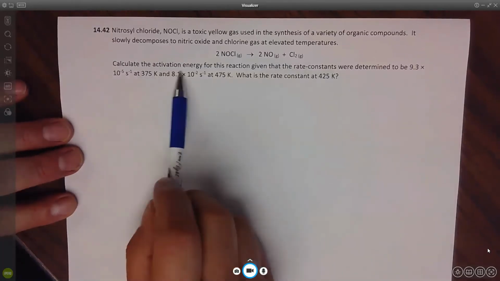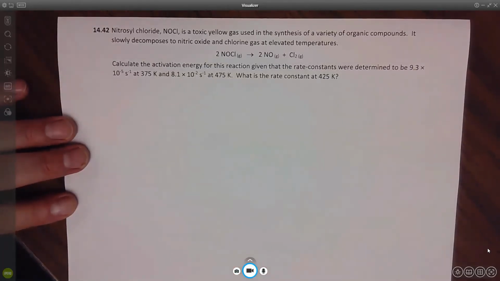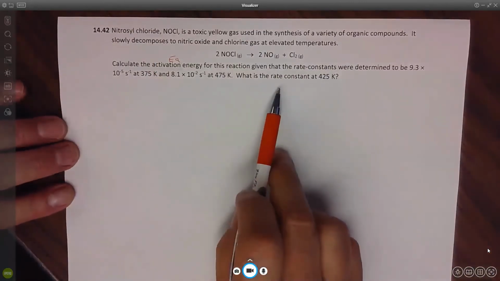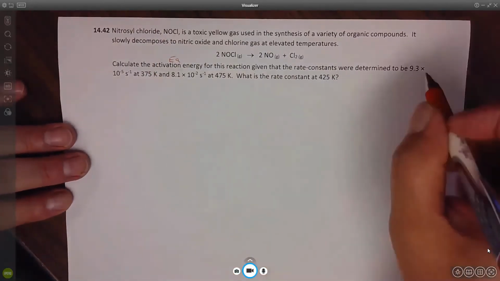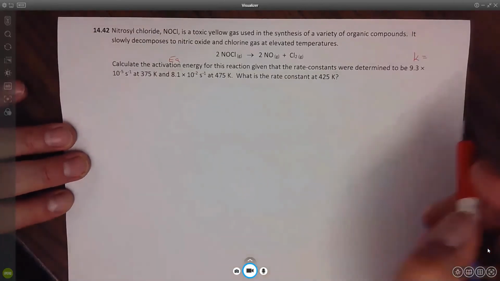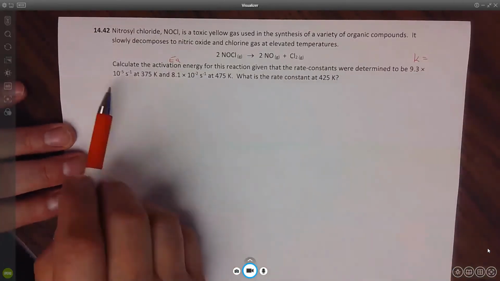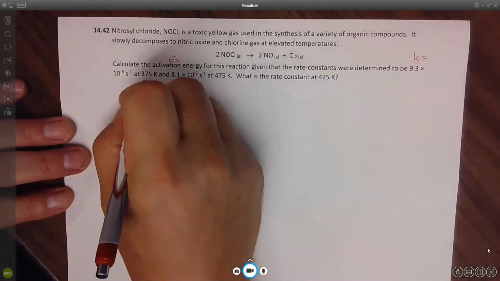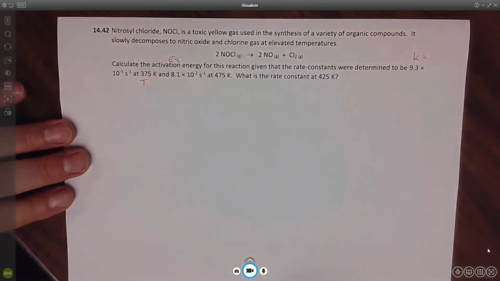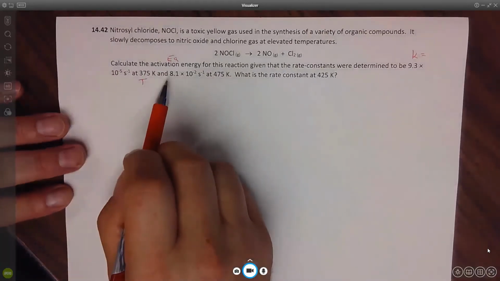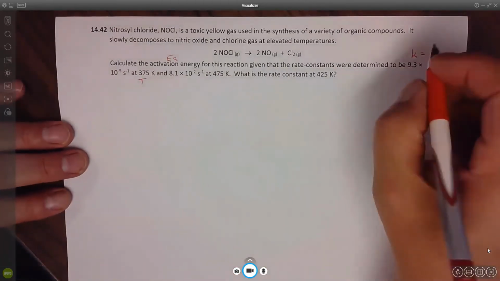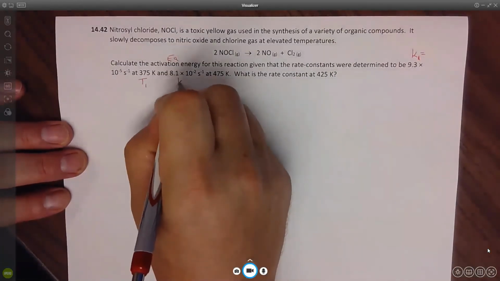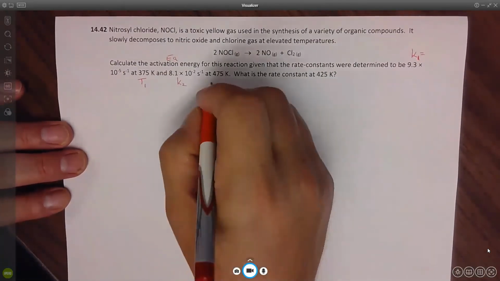It wants us to calculate the activation energy, Ea, for this reaction, given that the rate constant, K, is 9.3 times 10 to the negative 5, at a temperature of 375 Kelvin. Oh, but wait a minute, it's given us a second rate constant. So we're going to call this K1 and this T1, and therefore this is K2, at temperature T2.